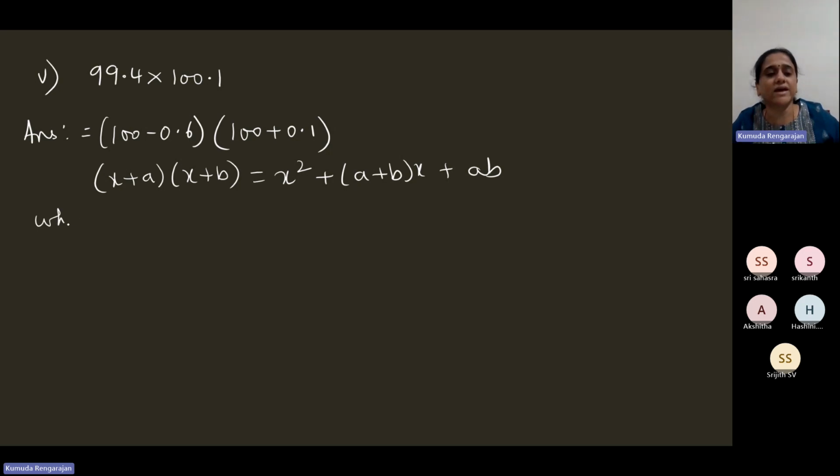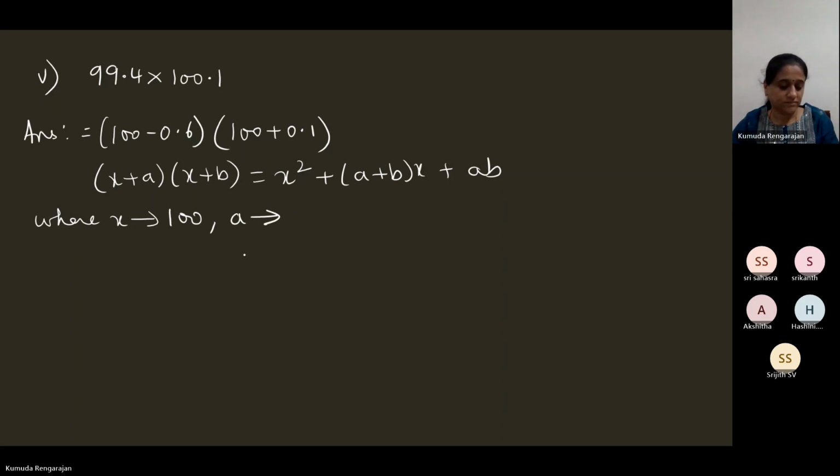Okay, Hasini, what is x here? 100. Okay. Srijit, what is a? Akshita, what is a? What is b? Ma'am, 0.6. Minus 0.6.